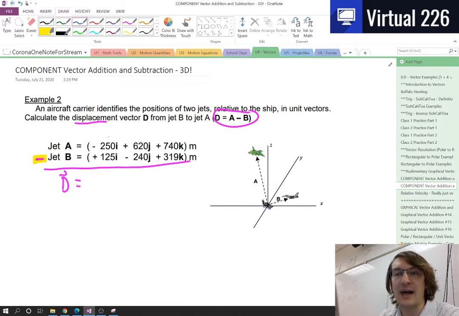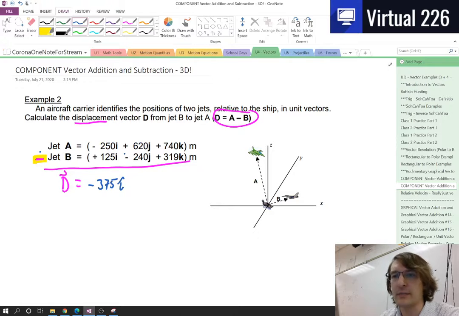Let's add our i's together. So we're going to have negative 250 minus 125. That's going to give me negative 375 in the i hat direction. Okay, this looks pretty straightforward. For my j's, I'm going to have 620 minus negative, so minus the negative, that's like adding.